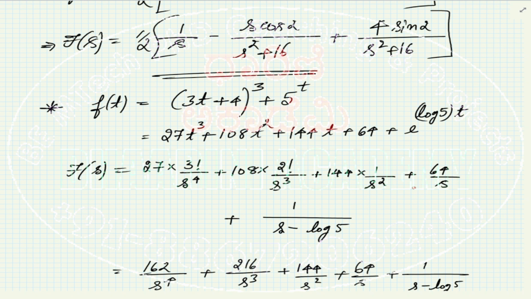E to the t, we don't have a to the t. So you convert that as e to the power at. So log and e to the power are inverses of each other.